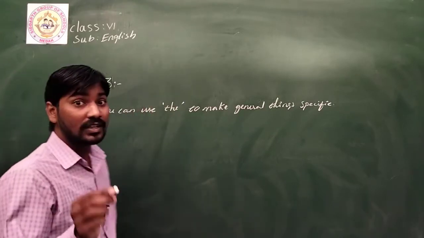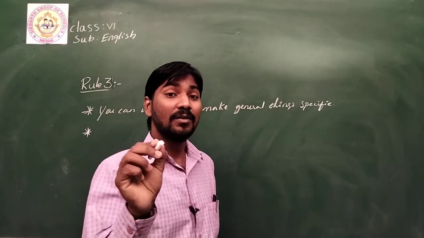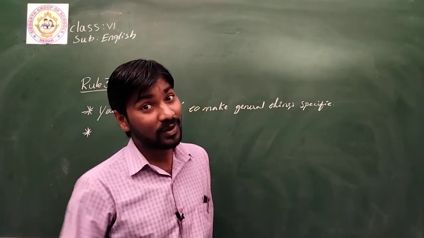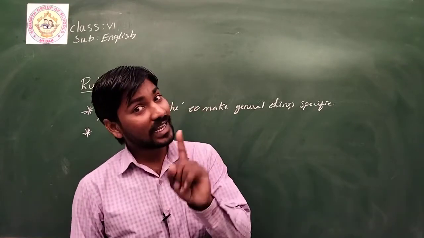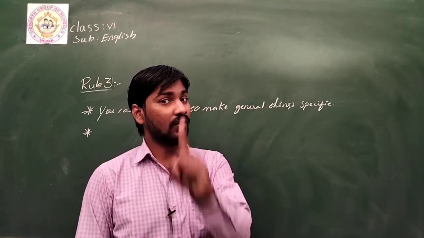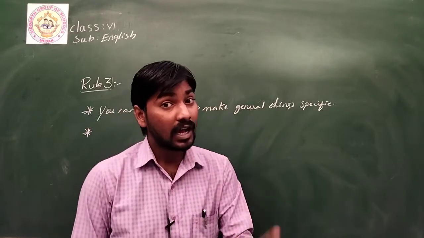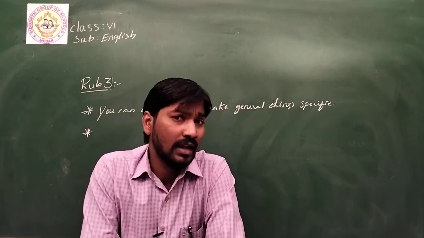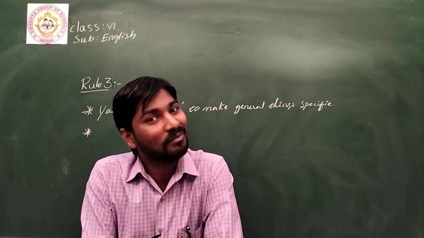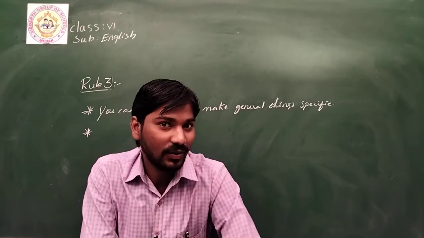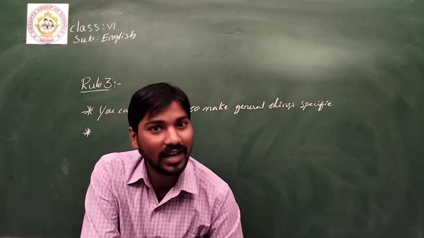You can use the before a singular or a plural, countable or uncountable, but not a or an. We will use a or an only before a single countable noun, but the can be used before countable, uncountable, and single and plural forms also, but a and an not like that, only single, and that should be countable.